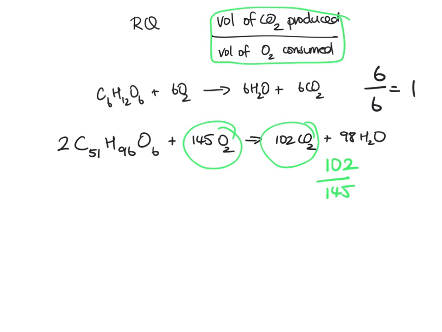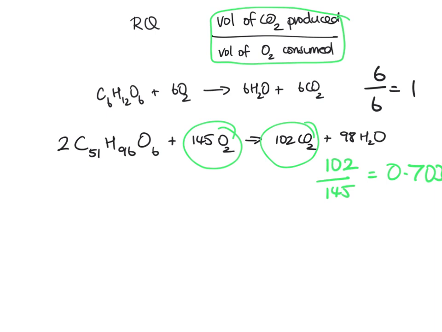When you get your calculator out, what do you get? 0.703. Yep, 0.703, which is 0.7.